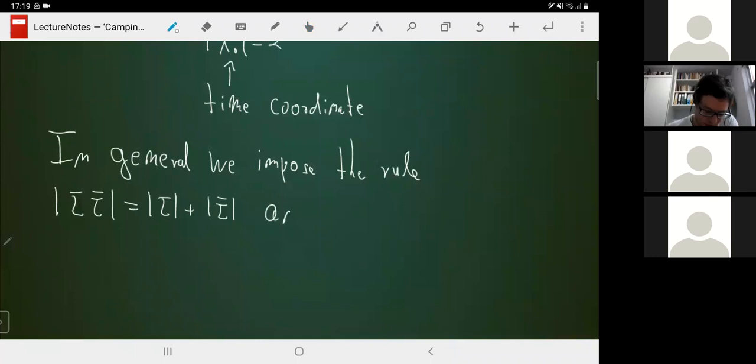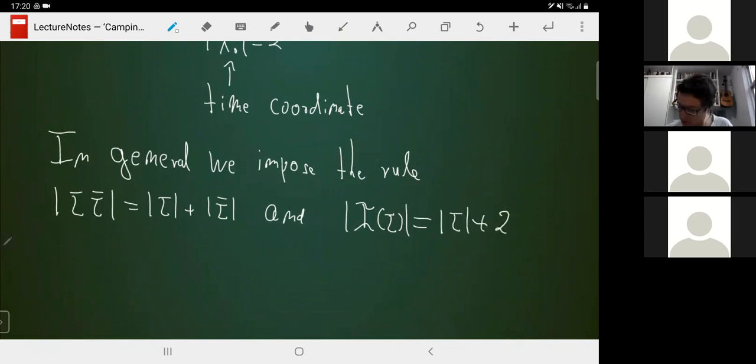There's one thing missing: what about the order of I tau? I symbolizes convolution with the heat kernel. What do we know about this? When we convolve with the heat kernel, we improve regularity by 2. To mirror that, we define the order of I of tau as the order of tau plus 2.